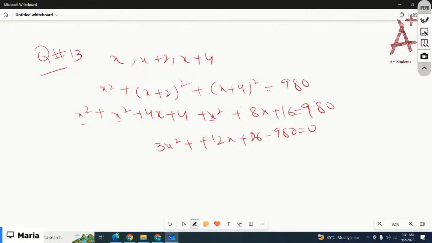No, 16 plus 4 is 20. Here you have 3x square plus 12x minus 960 equals 0. Divide the equation by 3. x square plus 4x minus 320 equals 0, right?